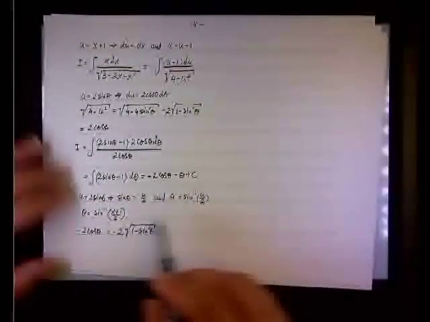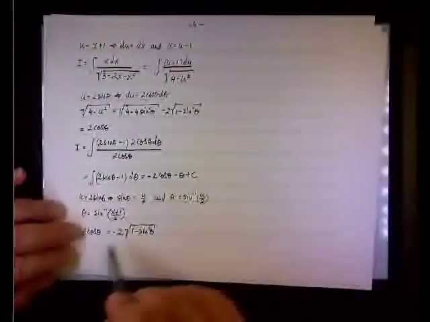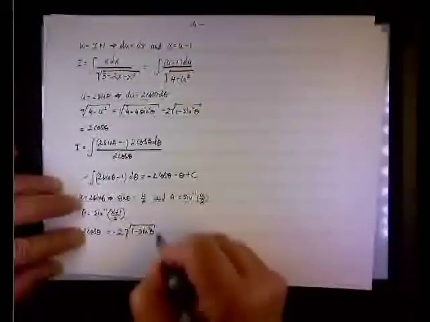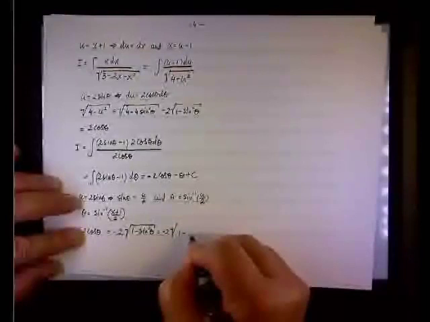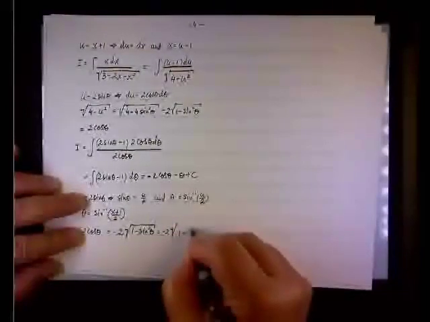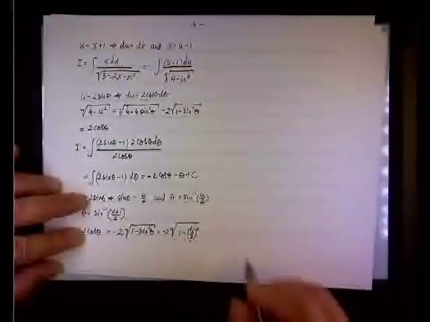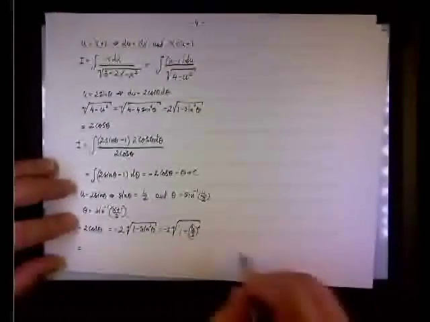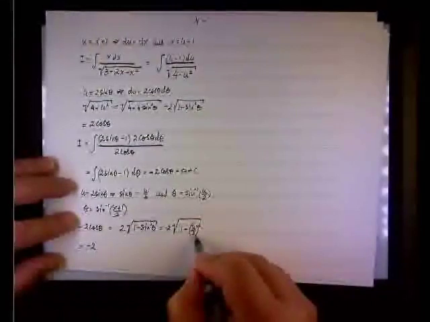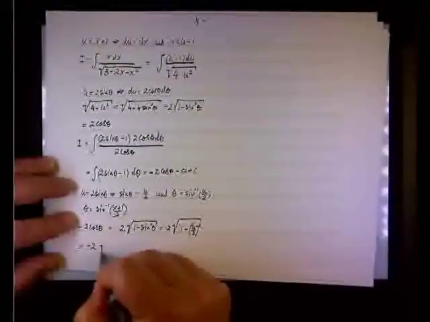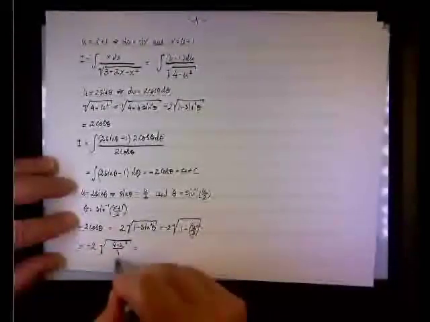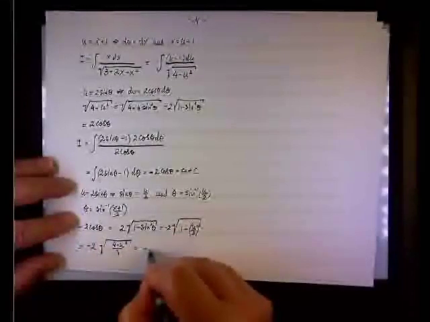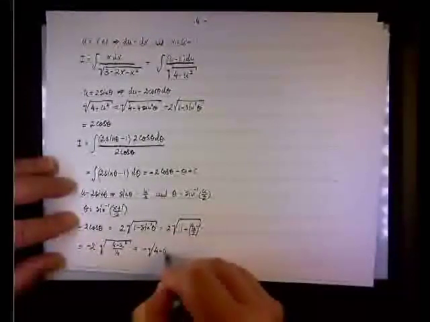And sine theta is u over 2, so we end up having negative 2 times the square root of 1 minus u over 2 squared, like so. Continue to work, you have negative 2, this will be 4, so it will be the square root of 4 minus u squared over 4, and since the square root of 4 is 2, you end up having negative the square root of 4 minus u squared.